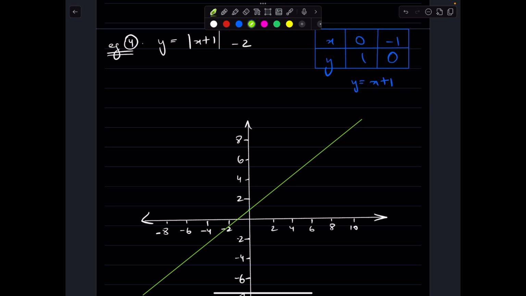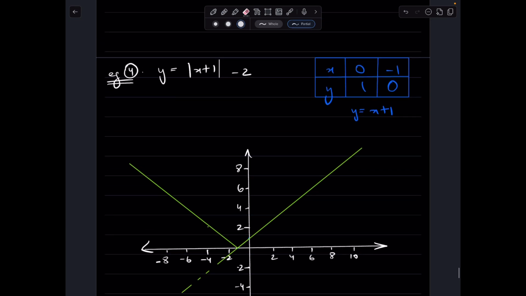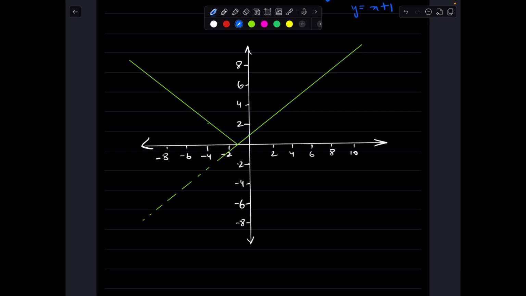So this goes here, and we have something like this. Make the graph below the x-axis dotted, and then there is no sign before the modulus, so no change, and then apply the vertical translation of two spaces downward. This would look something like this.